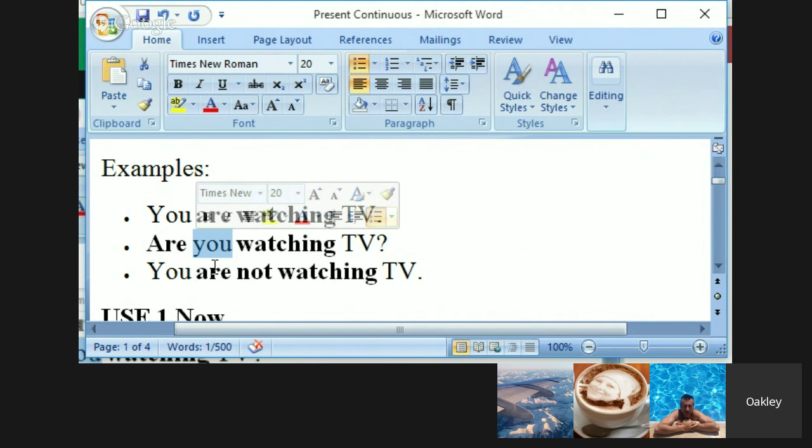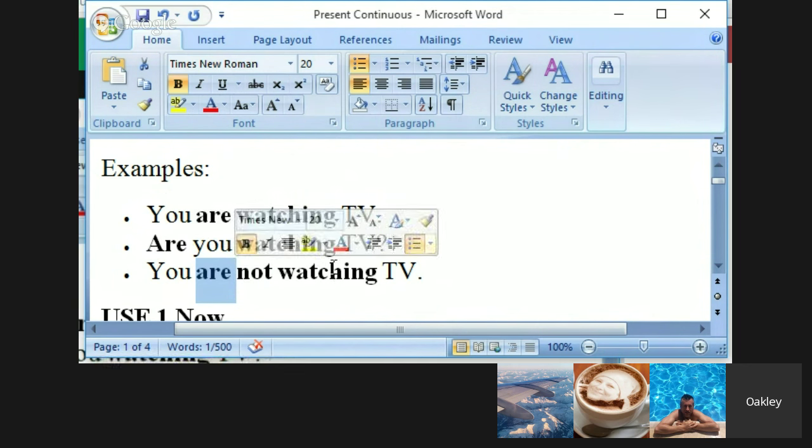And in the negative, notice placement of not, which is an adverb, will follow the first auxiliary. That first auxiliary is pivotal. Literally, things pivot around it. So in a negative, you are not watching TV.